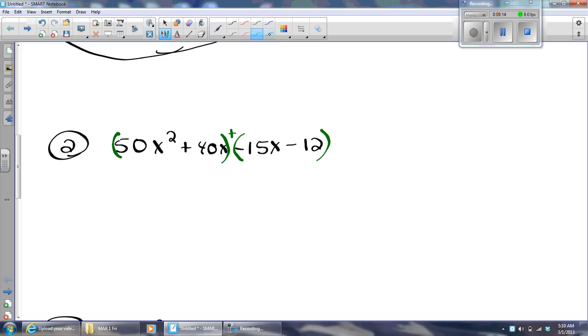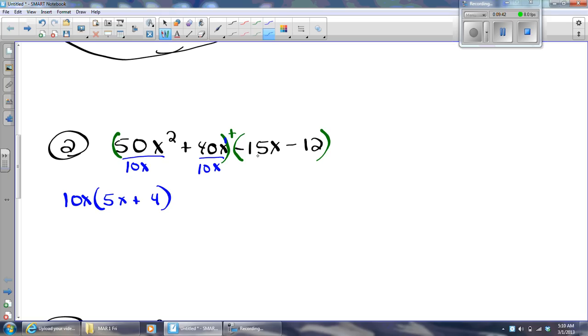All right, so now I'm going to GCF 1 time. I'm going to look for the GCF of 50 and 40, which I believe is 10, and the GCF of x squared and x is going to be x. So I pull out the GCF, and then I'm left with 5x. Pulling out the GCF from the second term, I'm going to get 4, right?